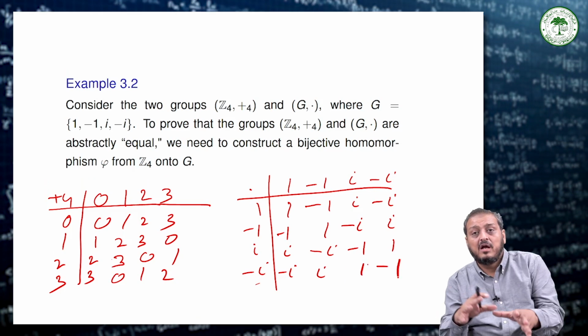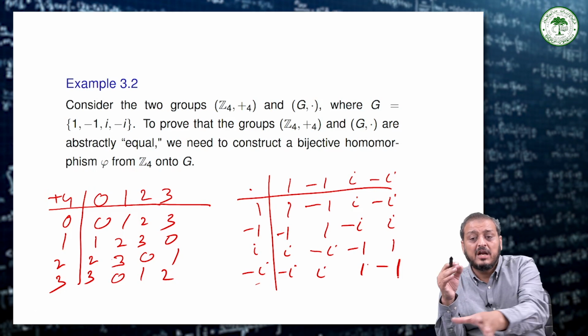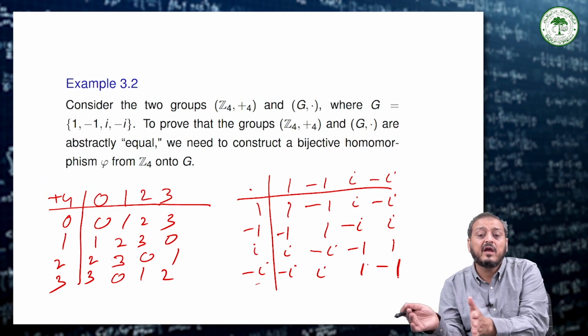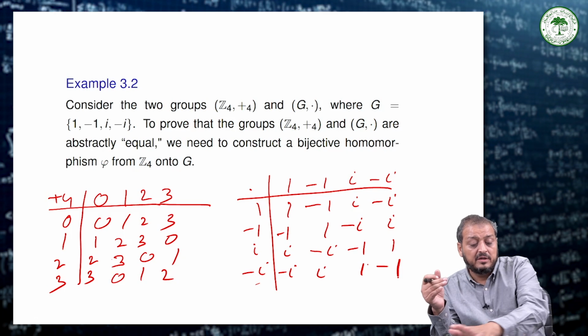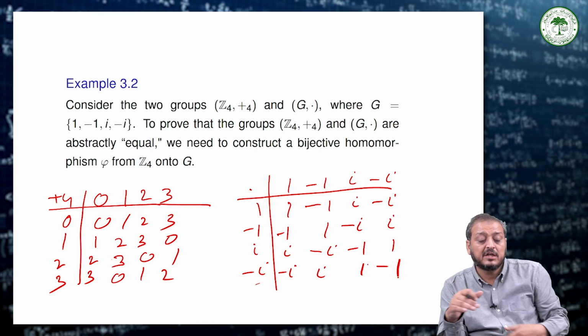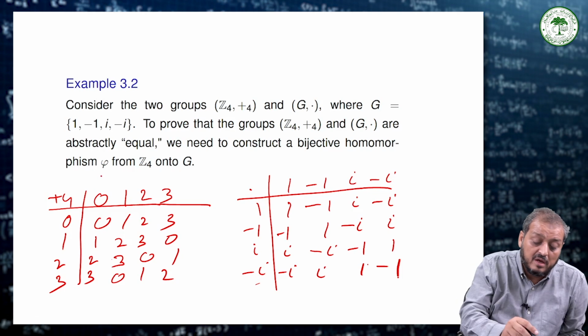These are the two groups. So, Z4 and G are to be compared, and we need to construct a bijective homomorphism from Z4 onto G.